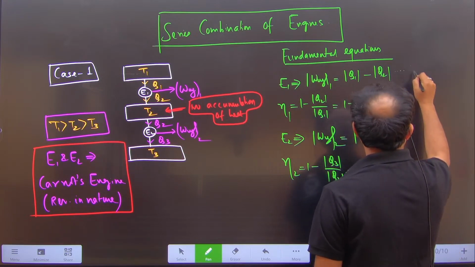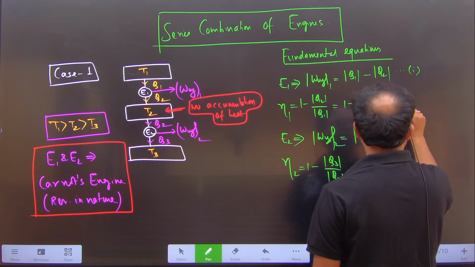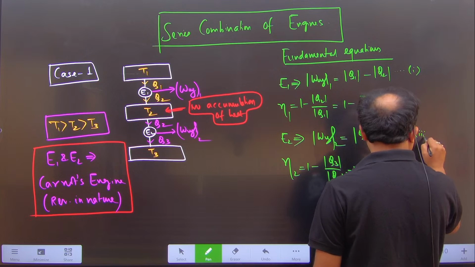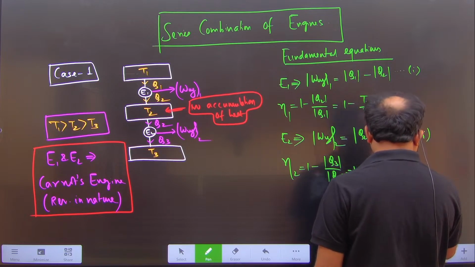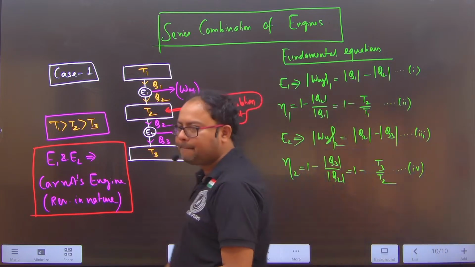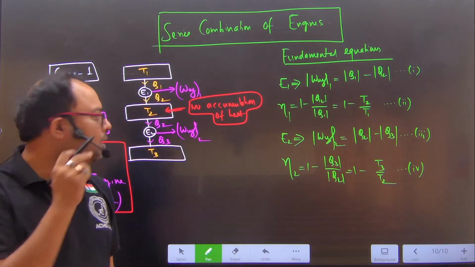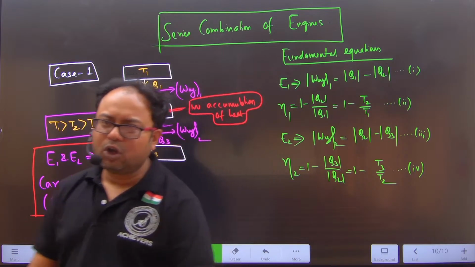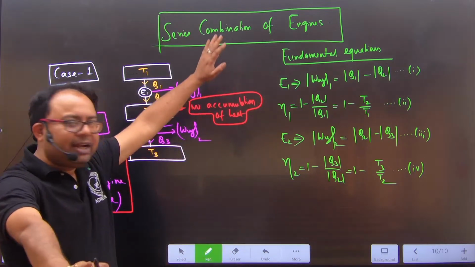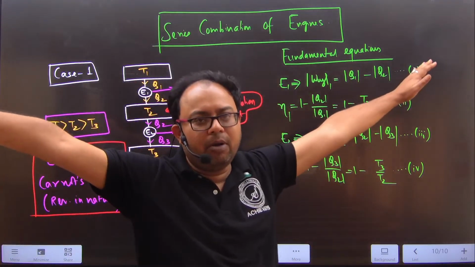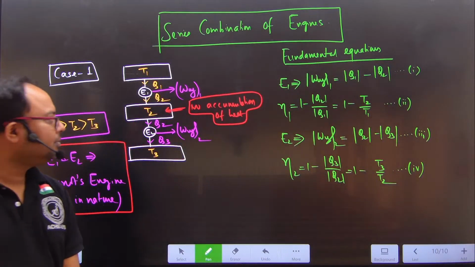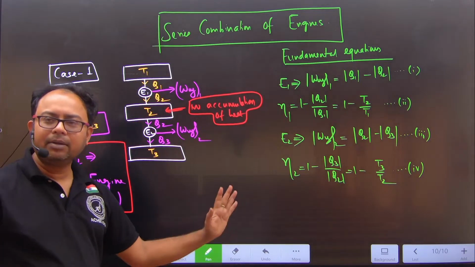So this is equation number 1, this is equation number 2, this is equation number 3, and this is equation number 4. So far so good. We are already acquainted with all these forms from our previous lectures. Simple.